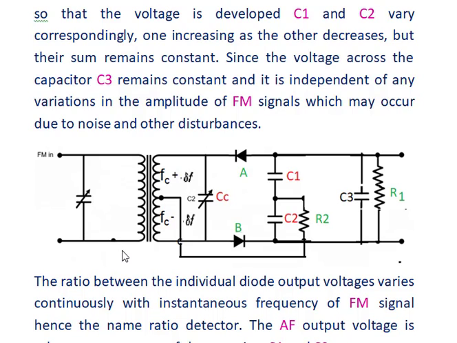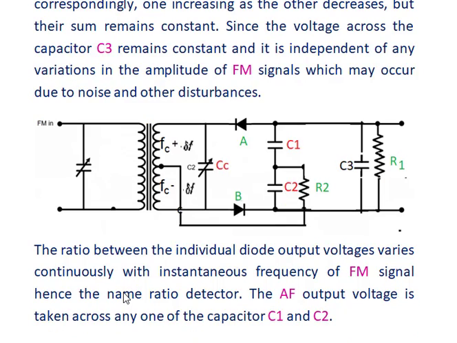Depending upon this variation, it produces the amplitude, that is the low frequency message carrying signal, in its output. So the ratio between the two diodes' voltages varies, hence the name ratio detector.